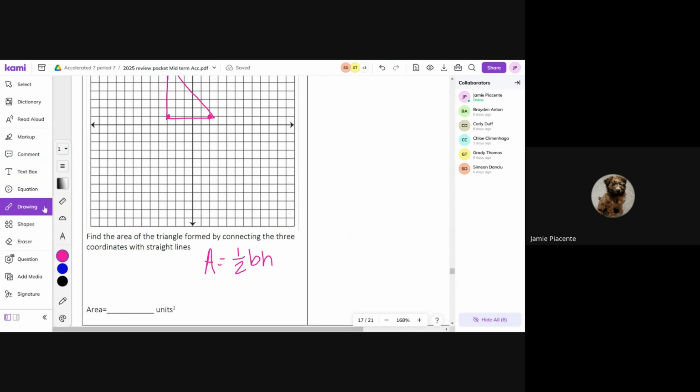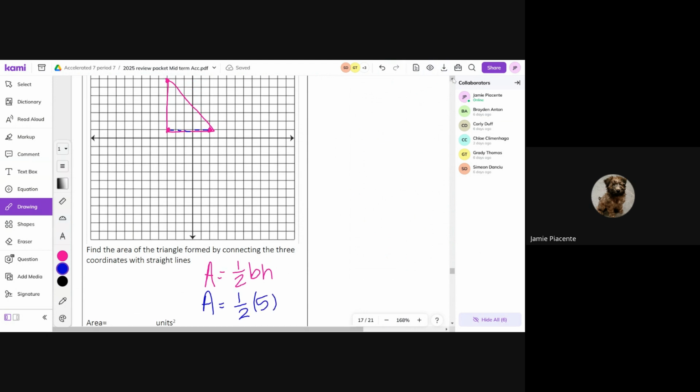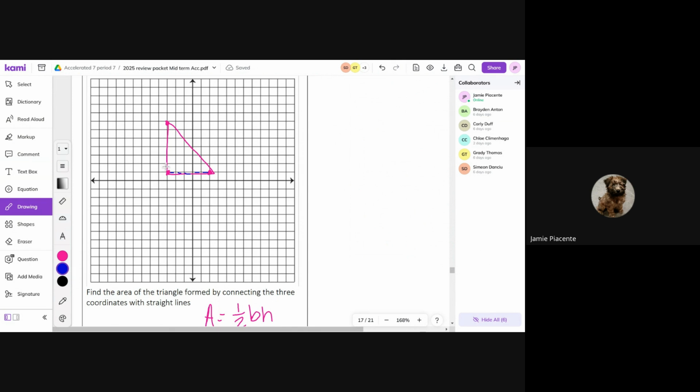Okay. So it's 1, 2, 3, 4, 5 long. So area equals 1/2. My base is 5. My height is 1, 2, 3, 4, 5, 6 tall.